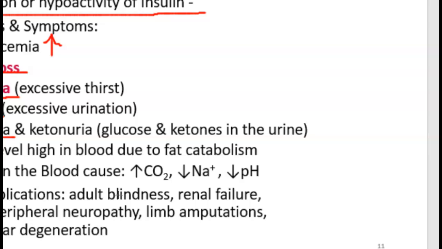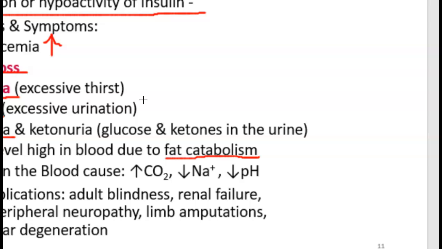In addition to the fact that you have glucose in the urine, you'll also have ketone bodies in the urine. Now, ketone bodies are acidic, and they are made in response to breaking down fat. And remember, we break down fat in diabetes because the insulin's not working for glucose uptake.